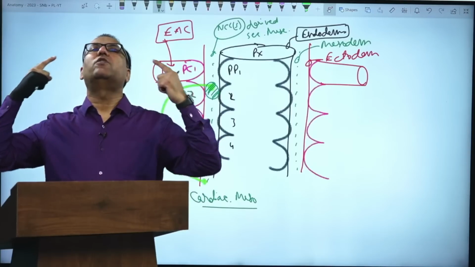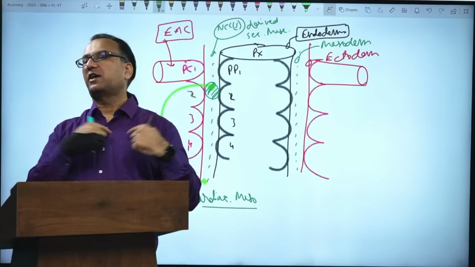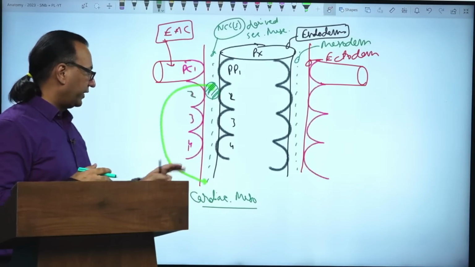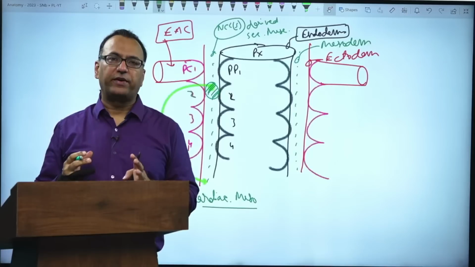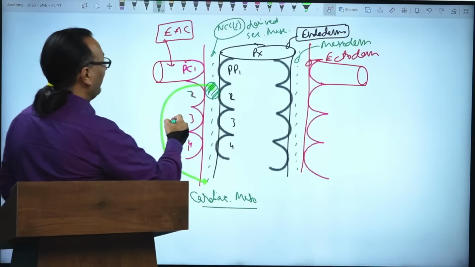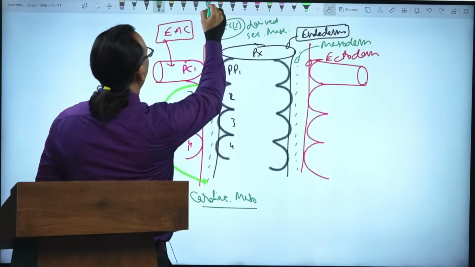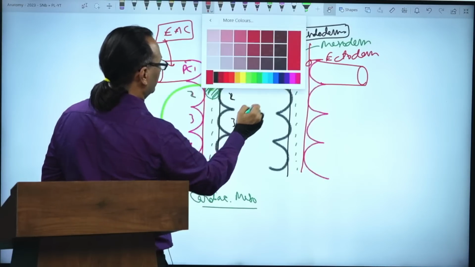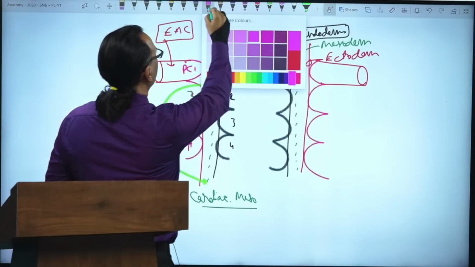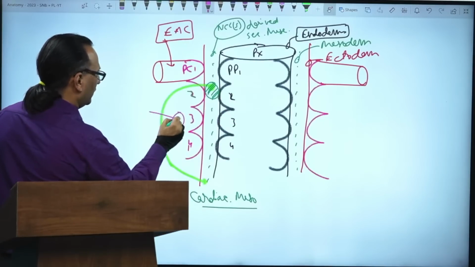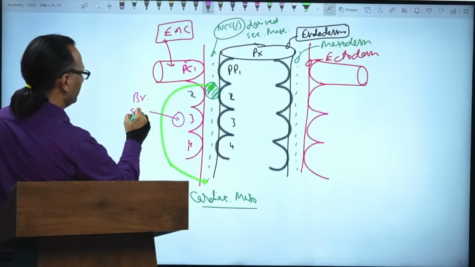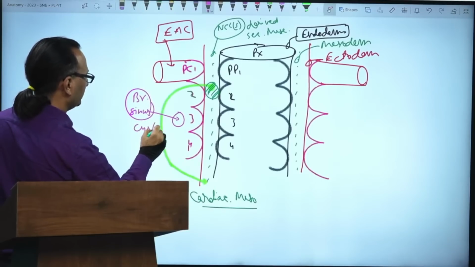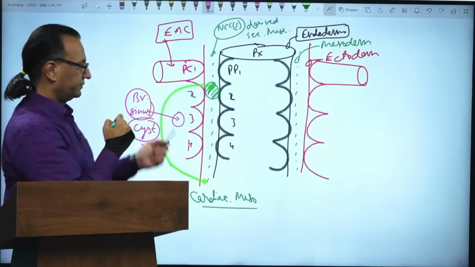Second arch mesoderm will overgrow and fuse with cardiac mesenchyme. So cleft will be obliterated, and as the clefts are obliterated, there will be a formation of branchial sinus, and then it will become branchial cyst, and then it will disappear.